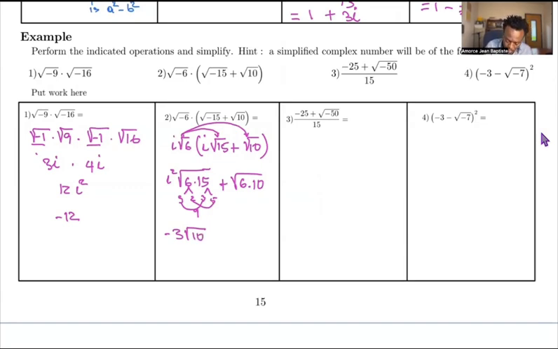And then here, that's 2 times 3, and then that's 2 times 5. We can pull out a 2, so that's +2, and then square root of 15.